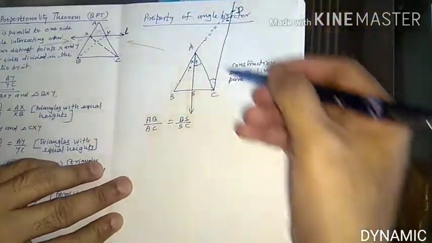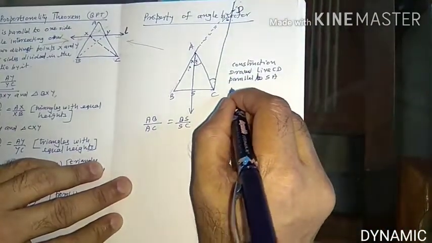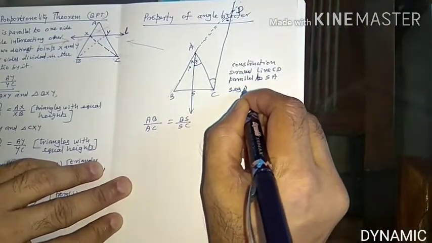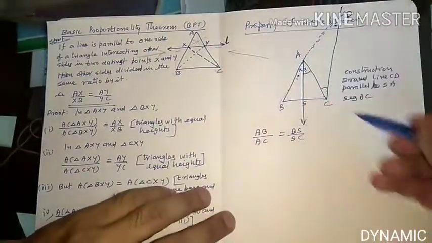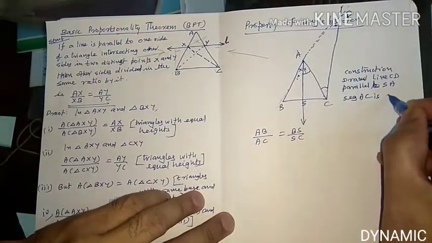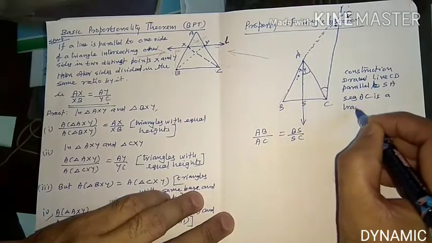This line is parallel, and AC is a transversal.